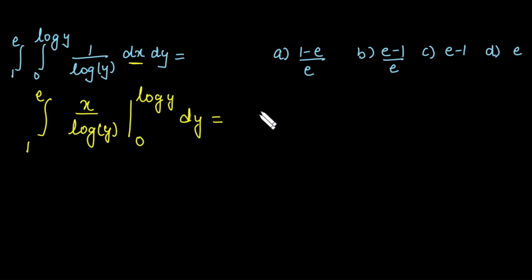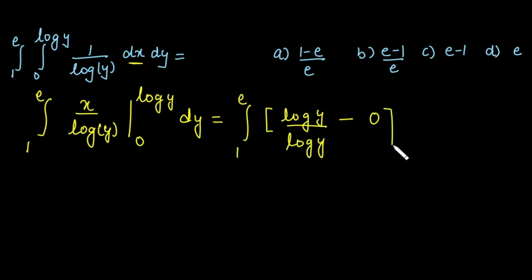This is equal to 1 to e integration as it is. Substitute upper limit, that is log y by log y, minus lower limit 0. Log y by log y is 1. So it is simply a function 1.